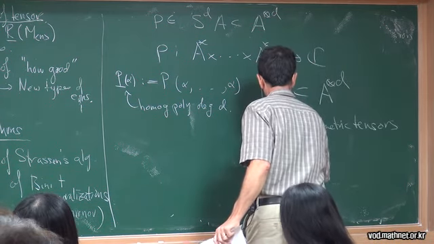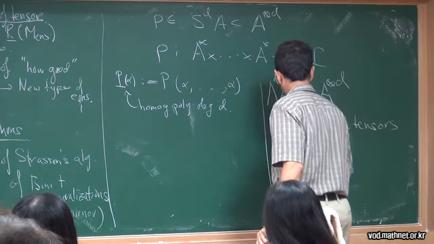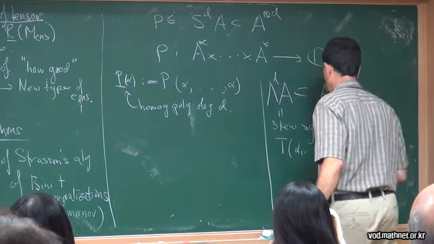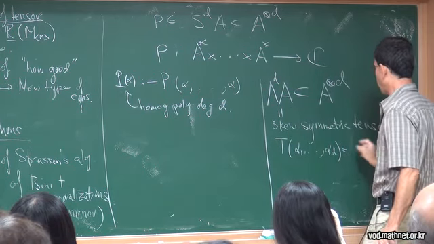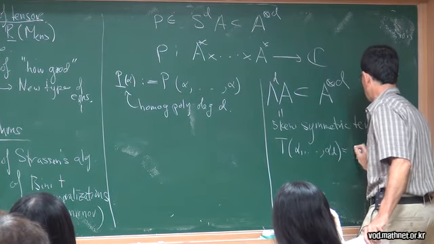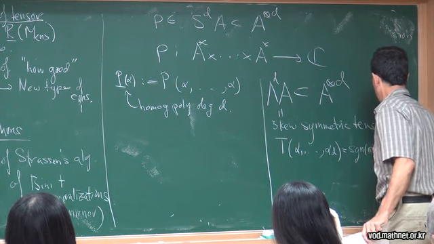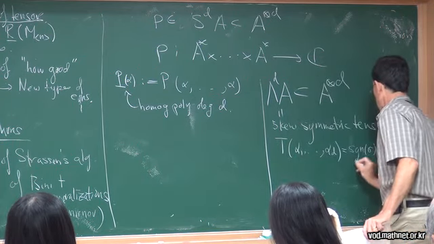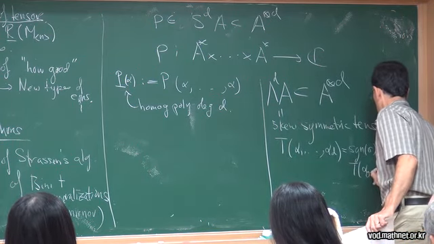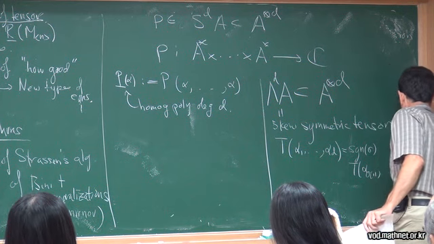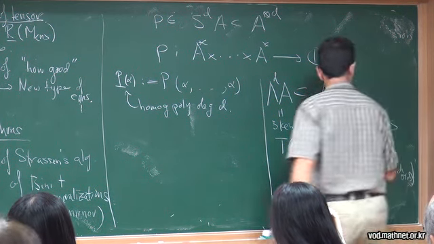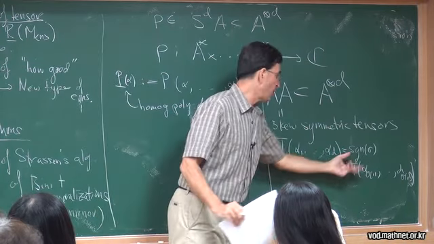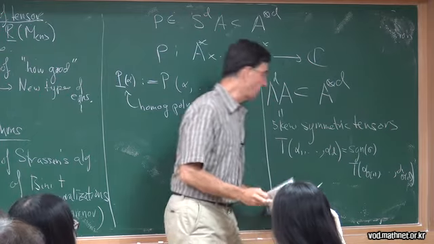So these are T such that if I switch T of alpha 1 through alpha d, and do a permutation sigma on these indices, I change by the sign of the permutation sigma. If the permutation is an even permutation, I get the same answer. If it's an odd permutation, it flips sign. These are the skew symmetric tensors.